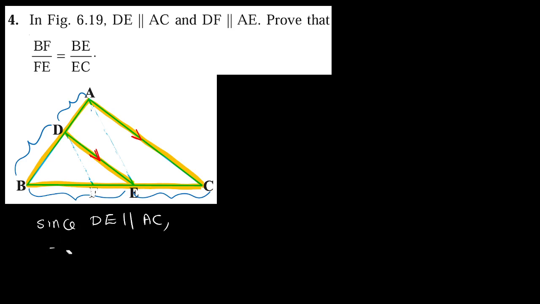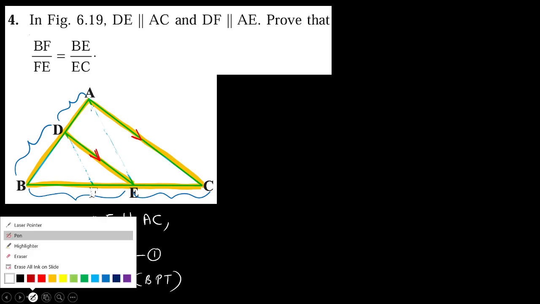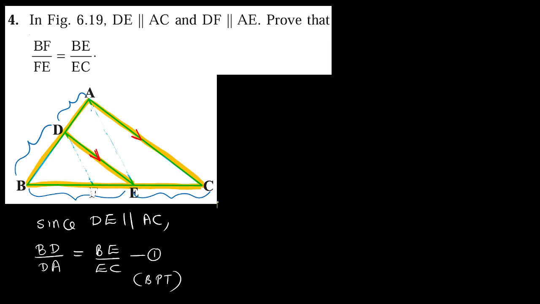Anyway, we start from the corner, right? BD by DA, the left side ratio, equals the right side ratio, BE by EC. BPT theorem. BPT is the short form.